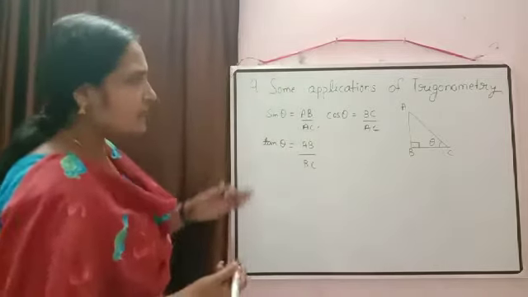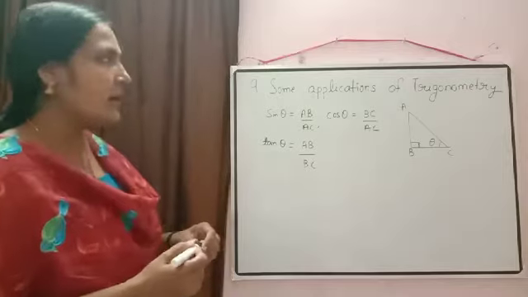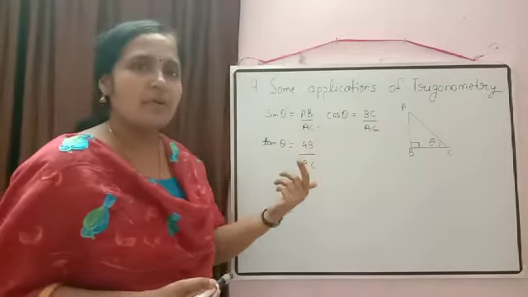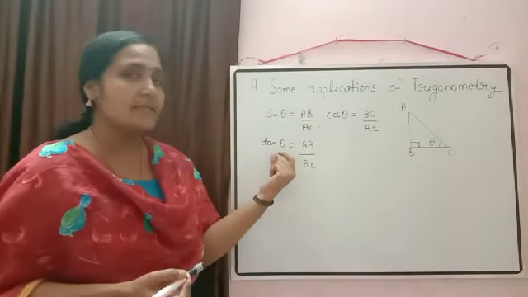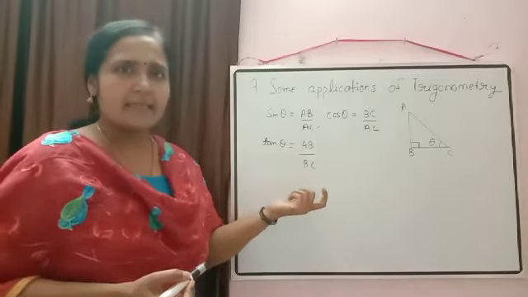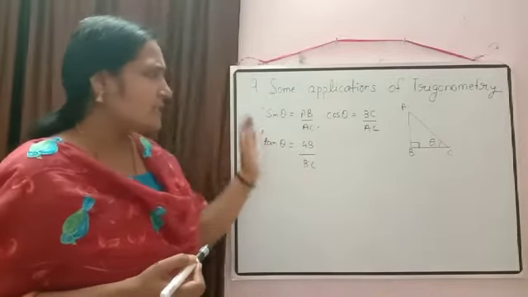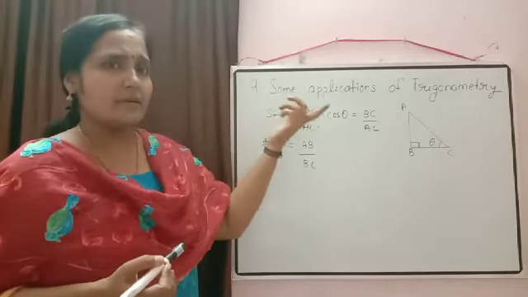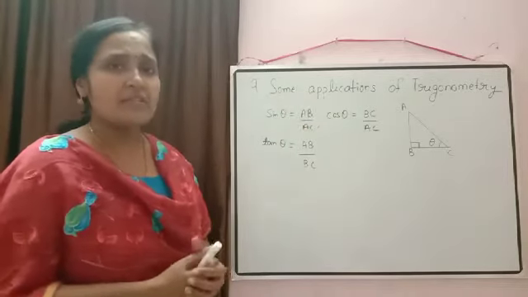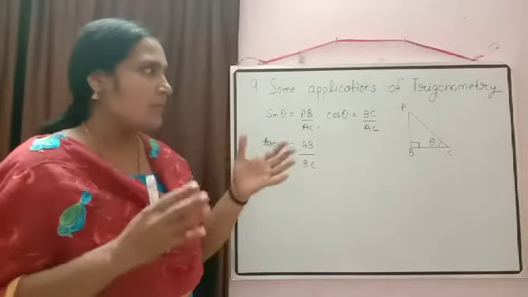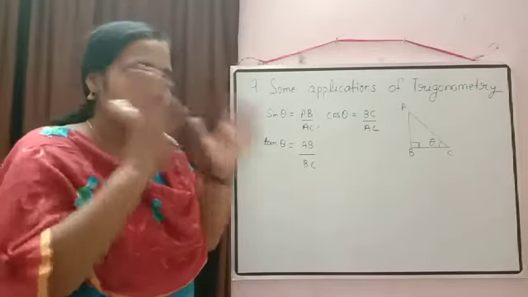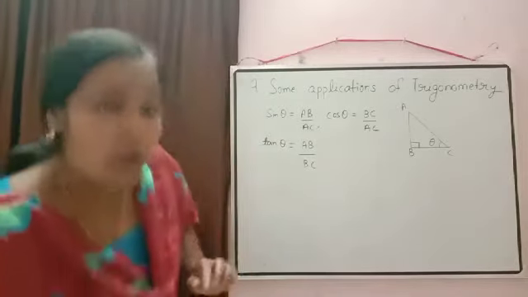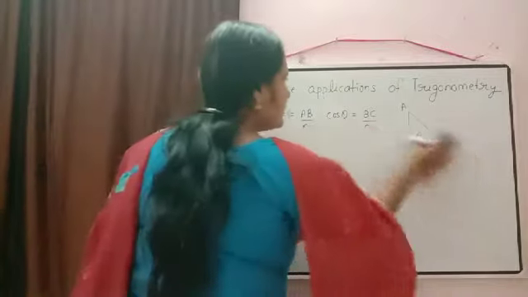The remaining: cosec theta is the reciprocal of sine theta, sec theta is the reciprocal of cos theta, and cot theta is the reciprocal of tan theta. So if we know these three trigonometric ratios, then we can easily solve the problems related to applications of trigonometry.